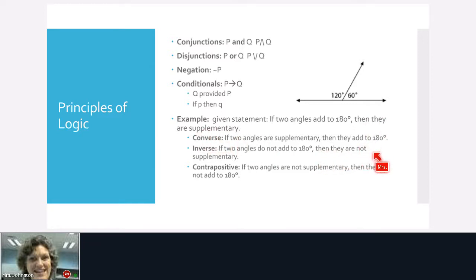So keep the same order, just add the word not after the verb. The contrapositive combines these two. You are going to switch the order of the two phrases and you're going to add the word not. So if two angles are not supplementary, then they do not add to 180 degrees. Make sure that you have these in your notes because you will have to identify them in the test.